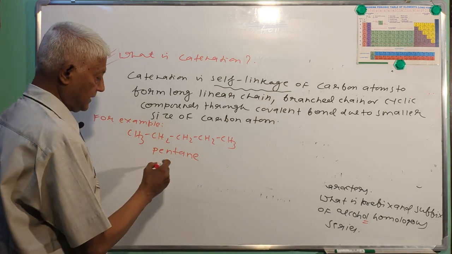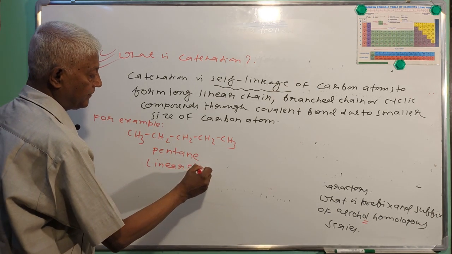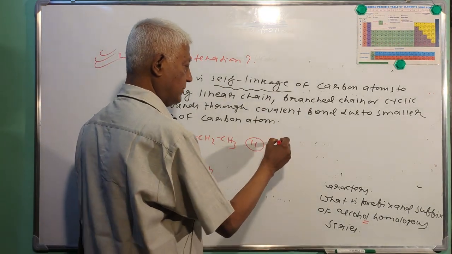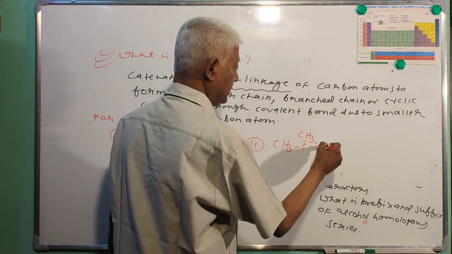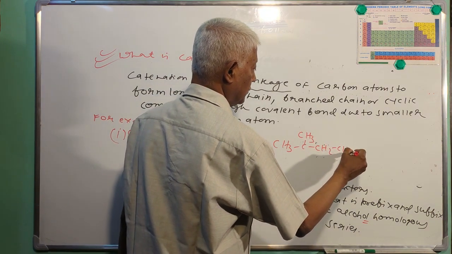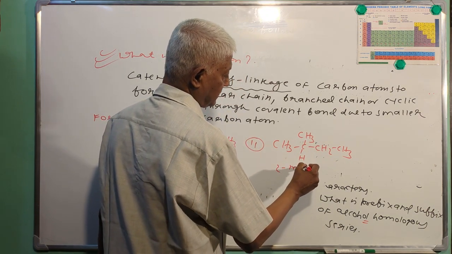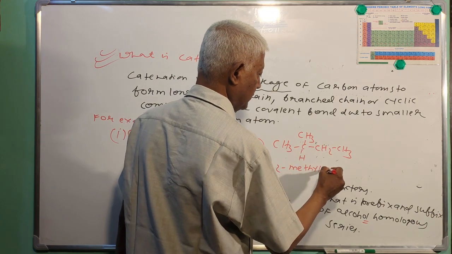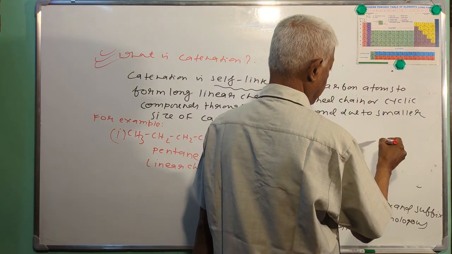That is the linear chain. Another example is CH3, CH3, CH2, that is 2 methyl. How many carbon? 1, 2, 3, 4. So we have butane.